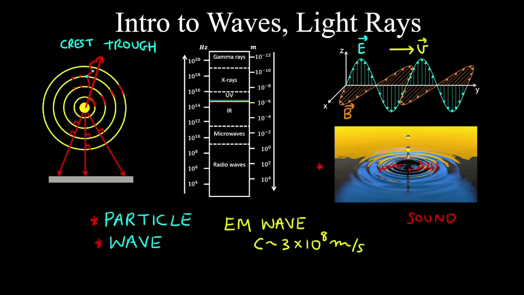We'll look at waves in more detail in the next unit, but for now, we're going to use light rays to determine the behavior of light, which is essentially geometric optics, where we neglect the wave nature of light.